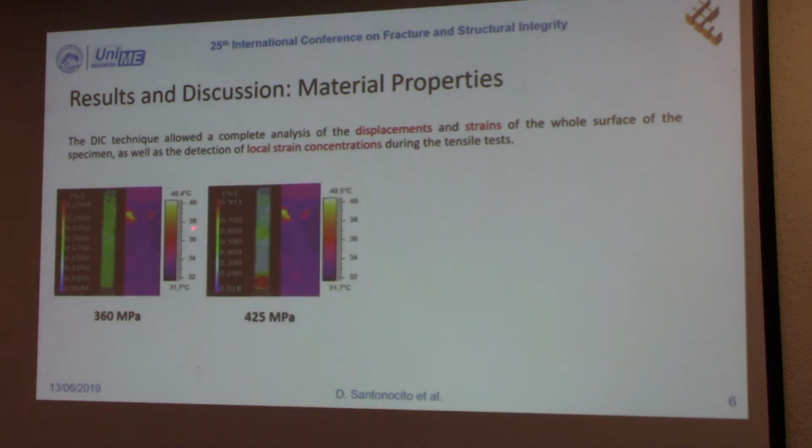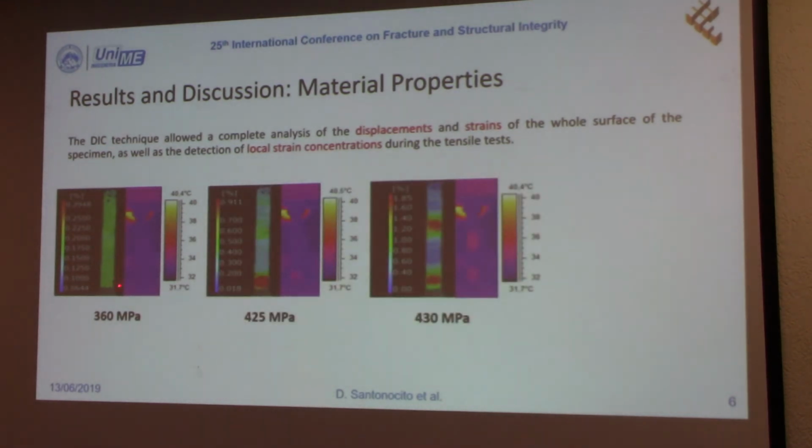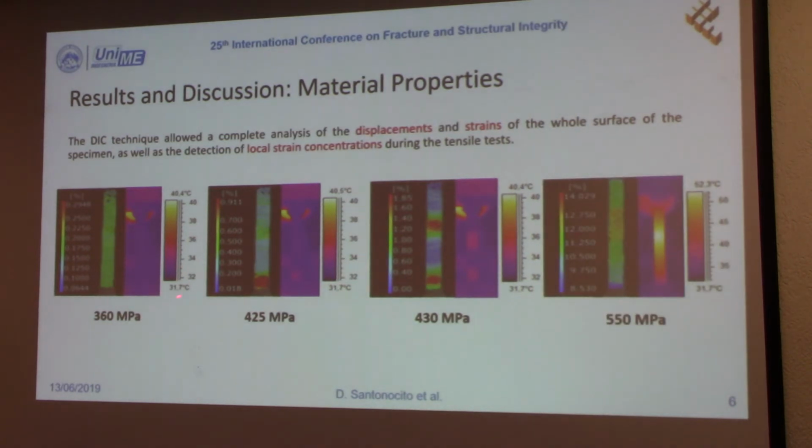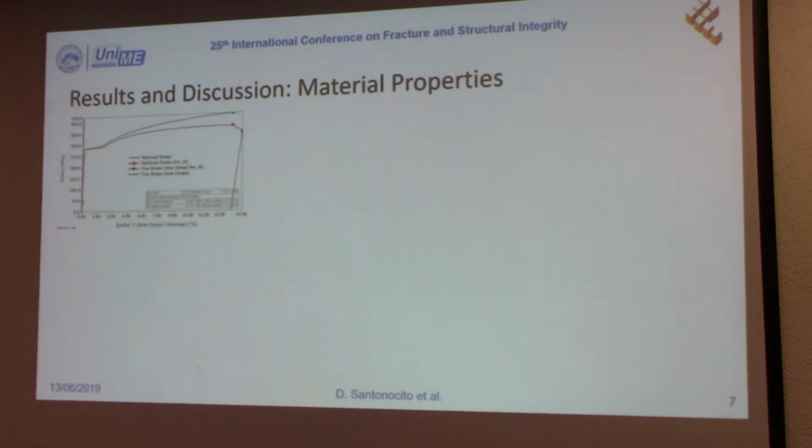The DIC technique allows us to assess the displacement and the strain on the specimen. In particular, we can see how the thermal areas are strictly related to the zones of the specimen where there is a strain concentration.